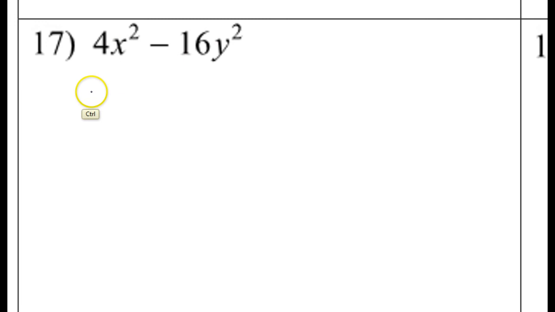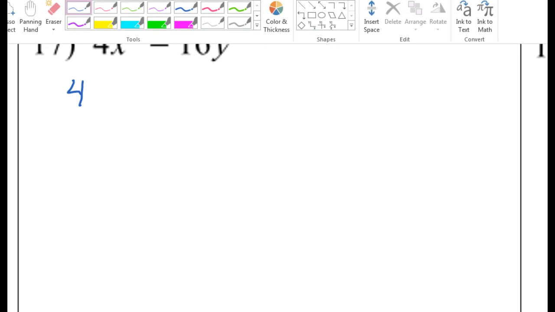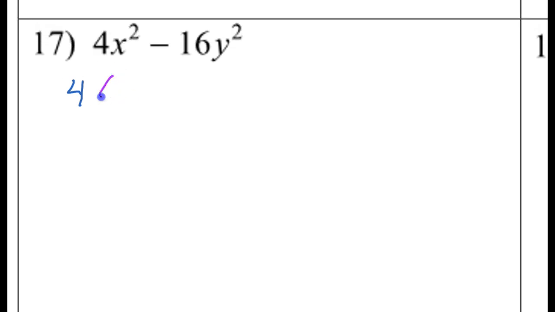Both of these are divisible by 4. So that is the common factor. And then if we divide by 4, that's going to leave x squared minus 4y squared. Now, notice that x squared minus 4y squared, the parentheses have a difference of squares inside.